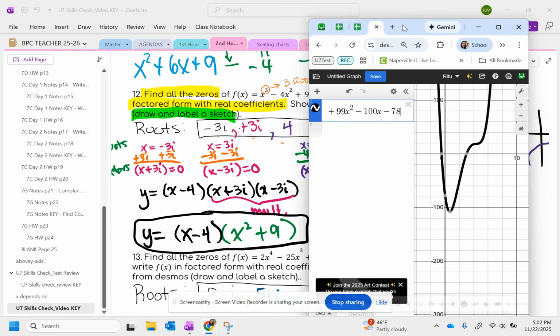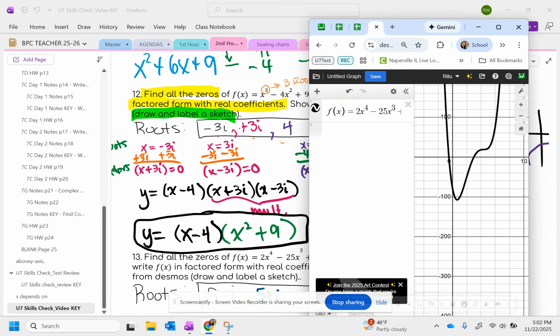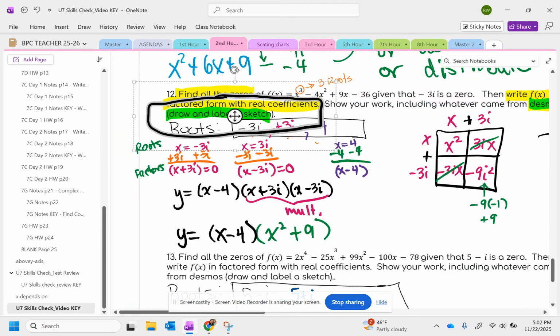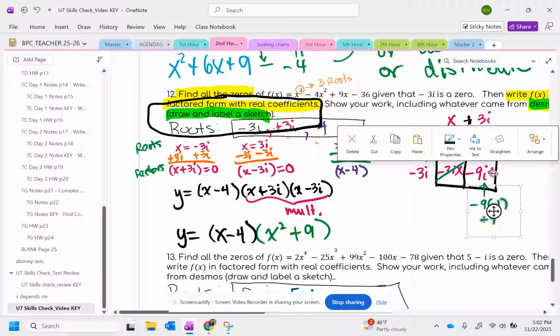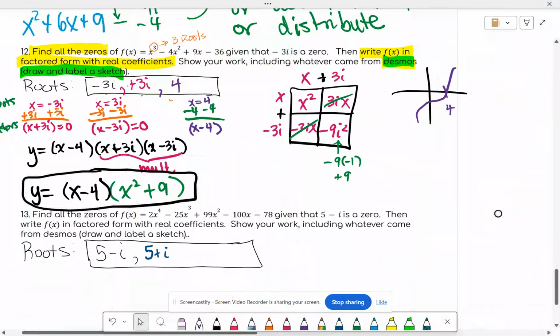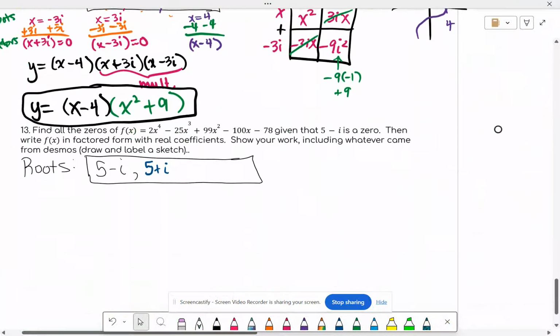All right, so we can see that we actually have two real roots here, which is what I expected because it's a degree 4. So -0.5 or -1/2 and 3. All right, so I'm going to, again, whoops, sorry about that. I'm going to draw the picture to the side to show how I got my real roots.